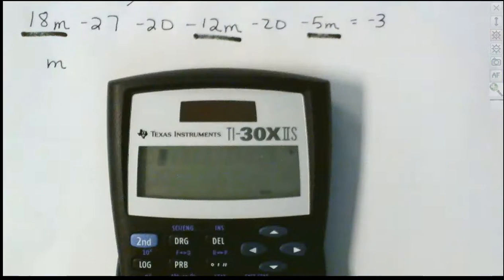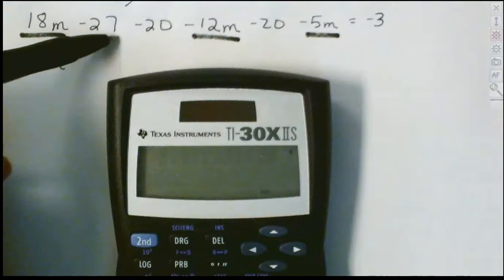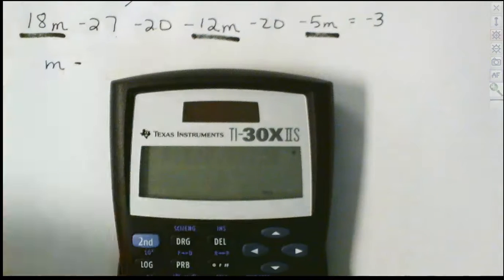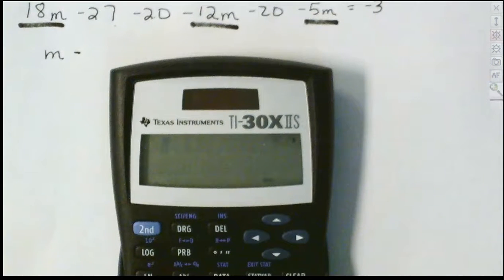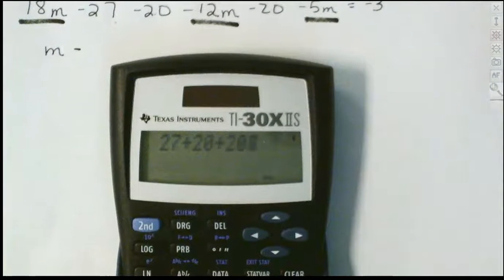What about the numbers? What do we have for the numbers? Well, we've got 27, 20, and 20. What do we know about our signs? They're all negative, so my sign's going to be negative. You can put them in the calculator with negatives, or you can just make them positive, add them together, and keep your negative sign. That's what I'm going to do. So we've got 27 plus 20 plus 20.